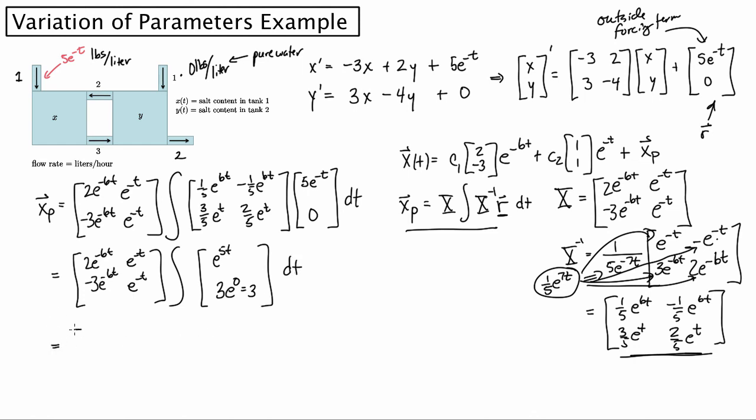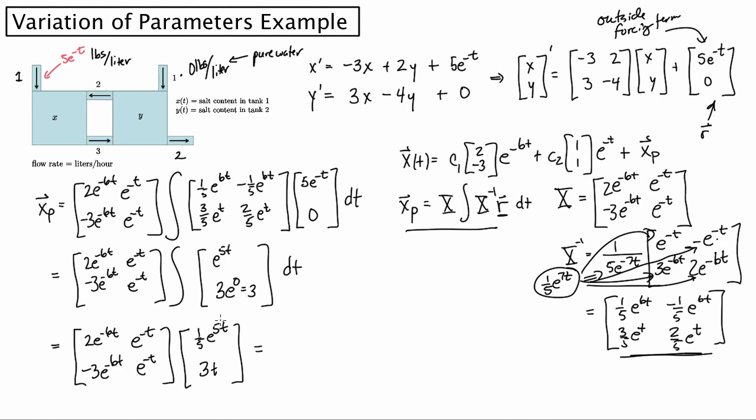And so now I'm ready to do the integration step. You integrate a vector or a matrix term-wise, so component-wise. So integrate this component, e to the 5t is 1/5 e to the 5t. And the integral of 3 is 3t.